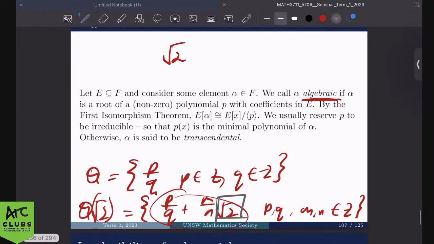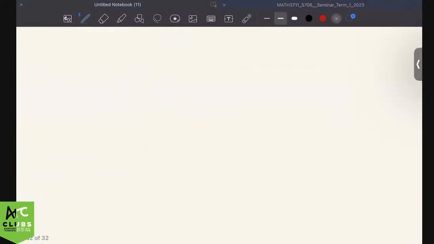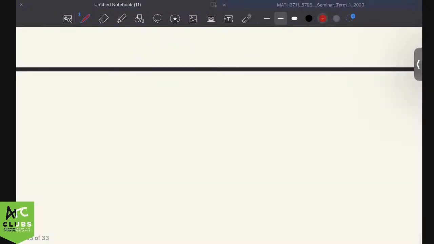So more formally, alpha is algebraic if it's the root of a non-zero polynomial p with coefficients in E. So for example, square root 2 is the root of x squared minus 2.